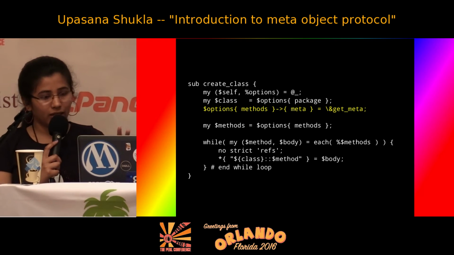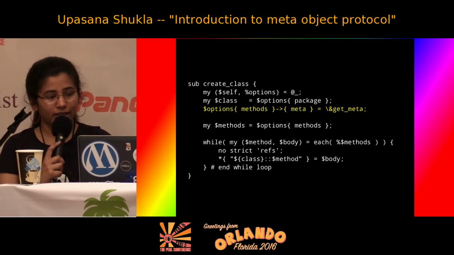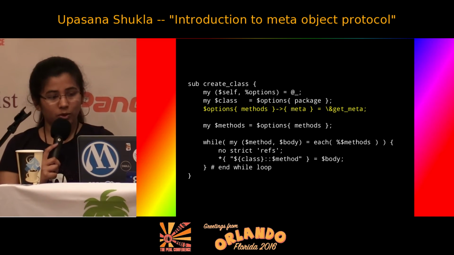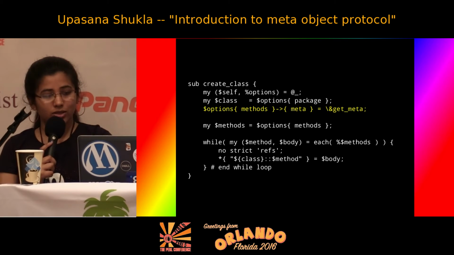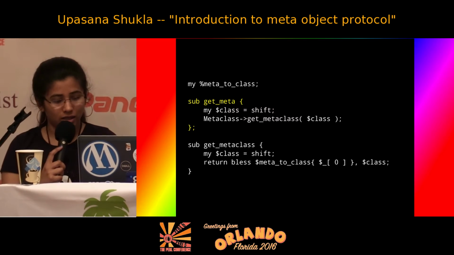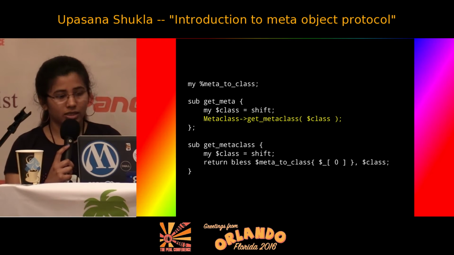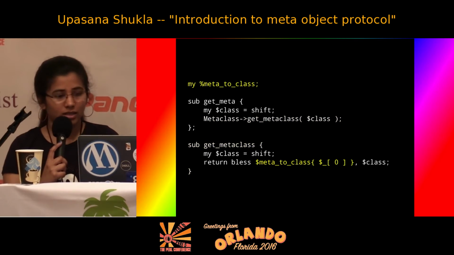So I've added this line in my create class method, which is pointing to a get meta code reference, get meta subroutine, which is defined here. So it takes the first argument as a class name. Then it calls get meta class. So let's see what get meta class does.